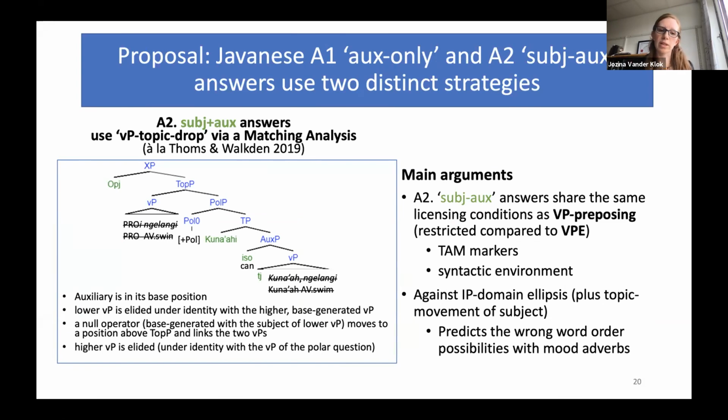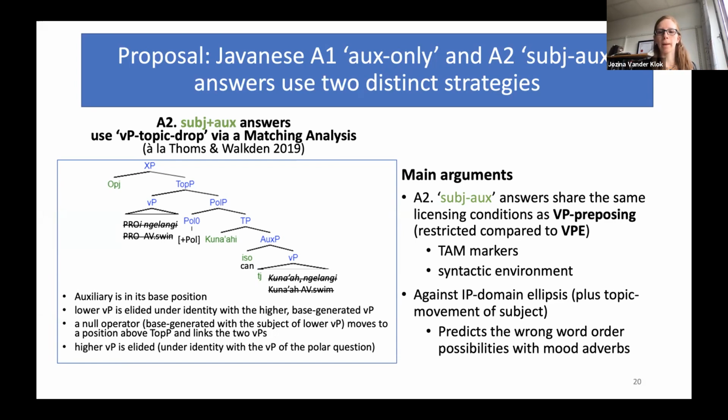So there's a specific set of TAM markers that occur in both these constructions, and they're also very restricted in the syntactic environment. And these are both restricted in comparison to verb phrase ellipsis. And then I will argue against an IP domain ellipsis. In this case, the subject will also have to move to get the subject auxiliary answer. And the main piece of evidence here is that it predicts the wrong word order possibilities when we look at mood adverbs.